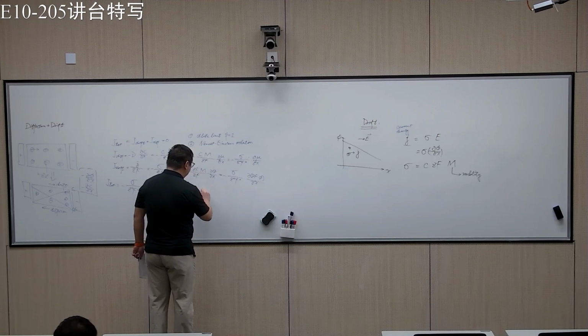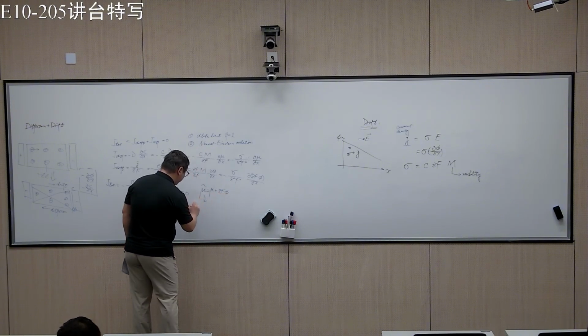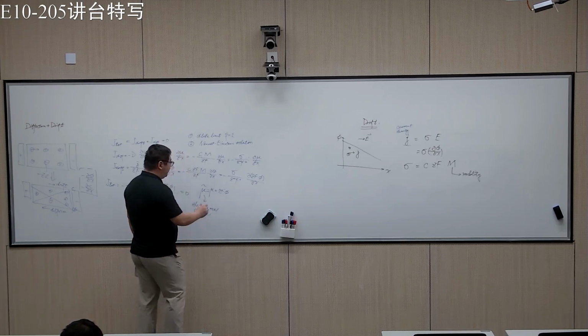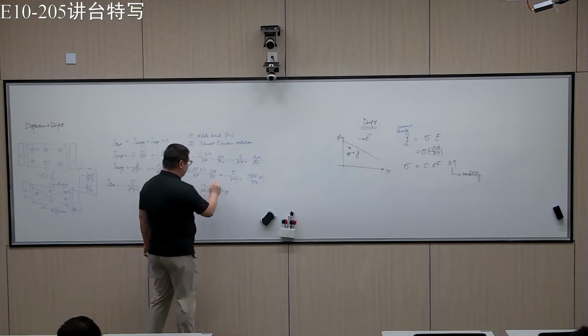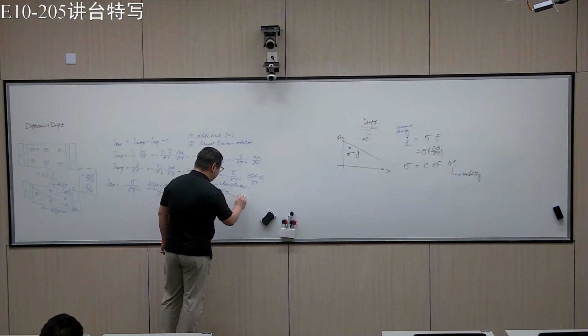So indeed, we define this as electrochemical potential. So this mu tilde is the electrochemical potential. Of course the mu is the chemical potential, and the phi is electrostatic.